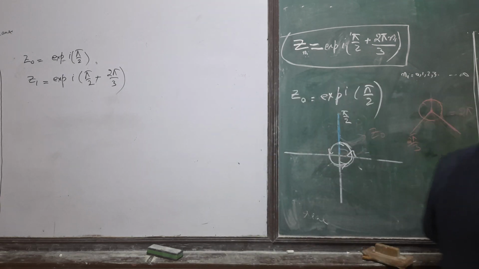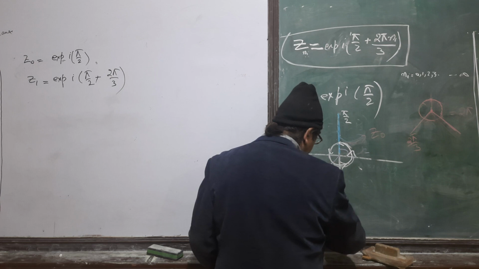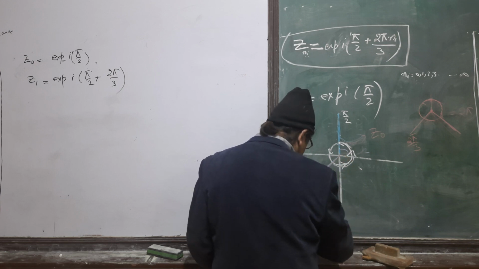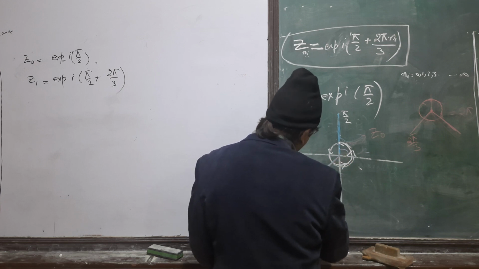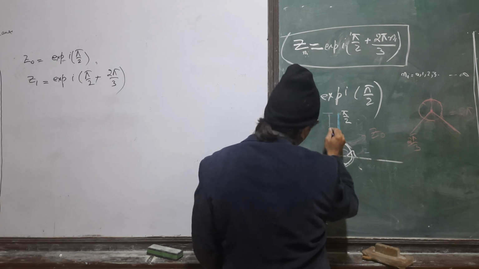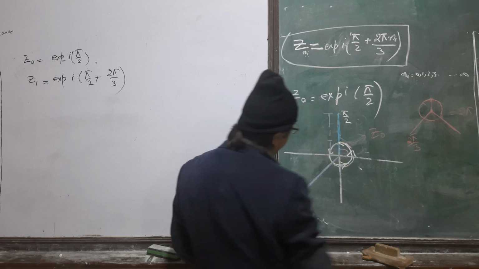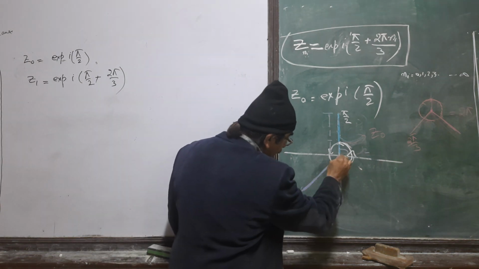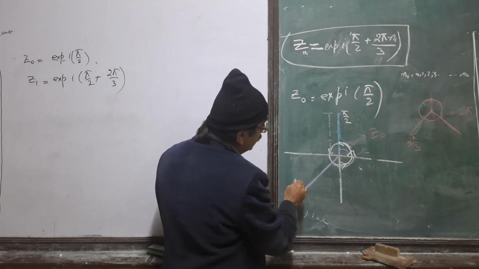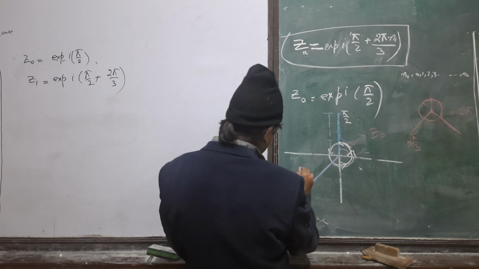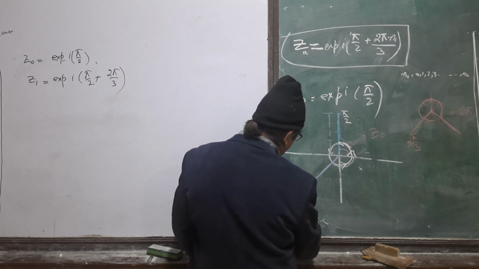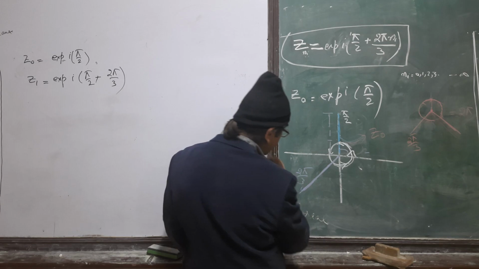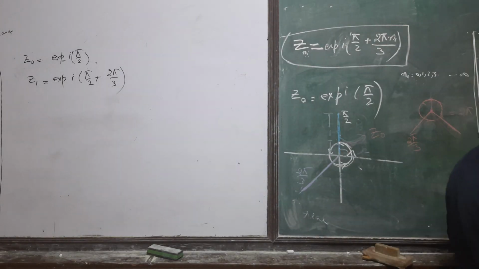So if this length is 1, every root will have the same length. This is 2 pi over 3. This will be your second root.